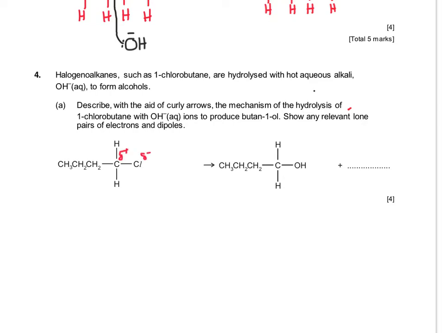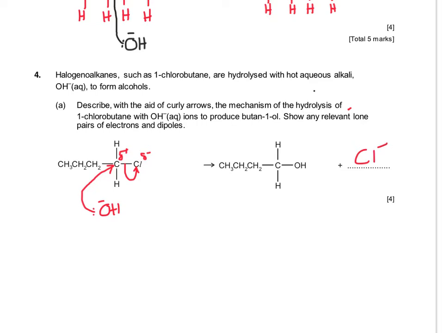So first of all, put in your dipoles, and start your curly arrow between the electrons in the lone pair on the oxygen, and point it directly at the carbon that has delta plus charge, and then the bond between the carbon and the chlorine breaks heterolytically, and the curly arrow starts at the bond and points at and touches the chlorine. So obviously the other product is Cl-.